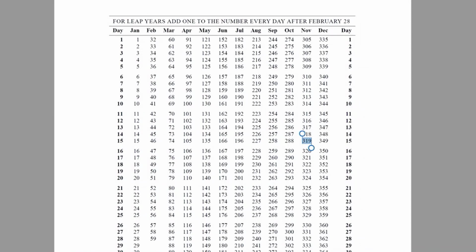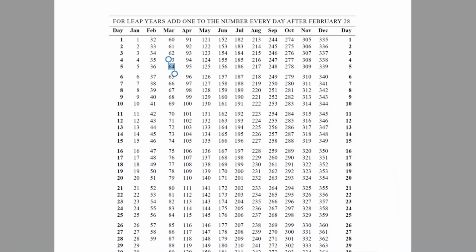You write 319 next to the 15th of November, and then you look for 5th of March. There is your March, it is 64 days. So we write 64 next to 5th of March, and then you go back to your calculation.